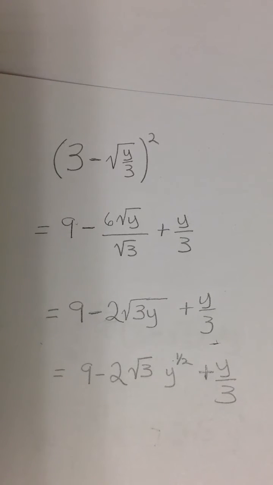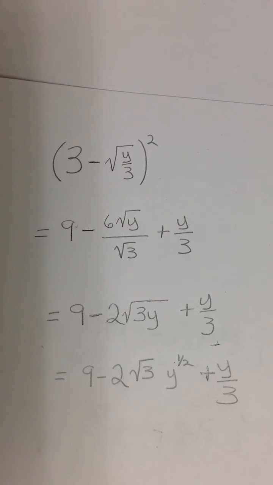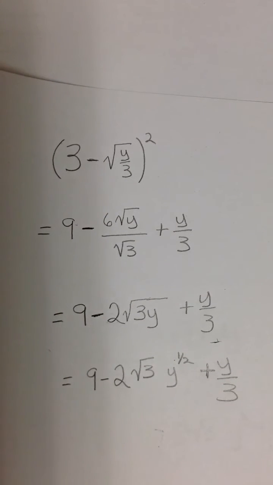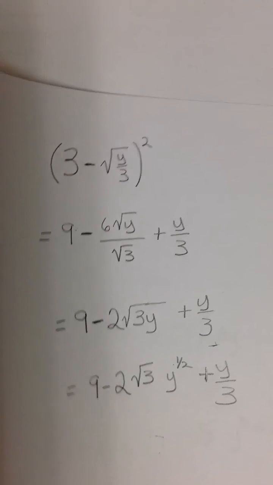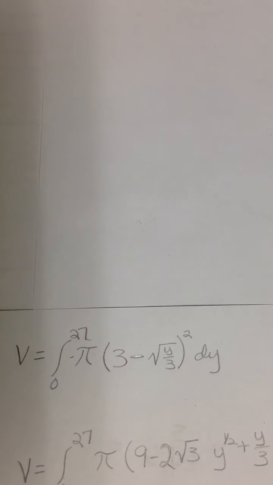In configuring just what the volume is going to be, we go back to the square of the radius.